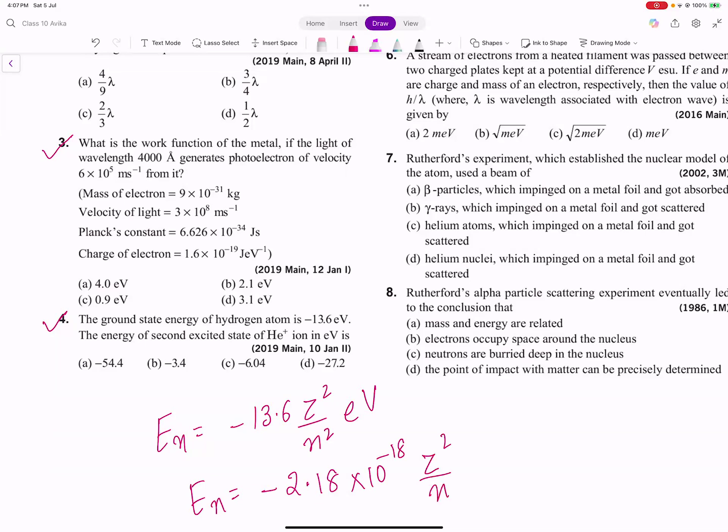Z is atomic number, and N is number of orbit. N equal to 1, 2, 3, 4. The same N which we are using there, 1 by n square, 1 by m square. Yeah, it's the same thing. So we'll just get into this a bit.